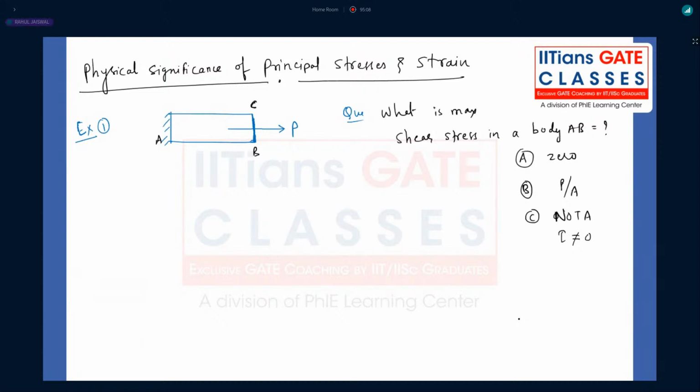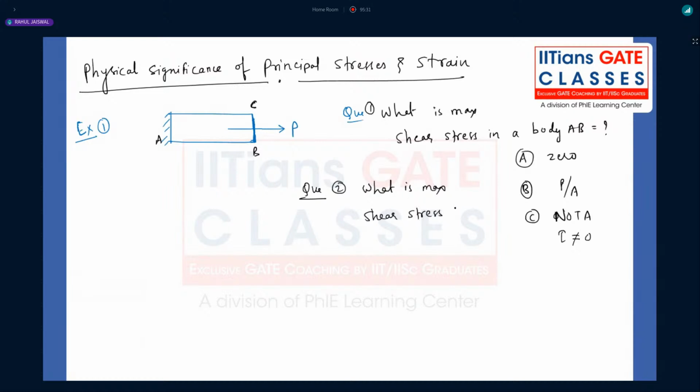Now, see, let me ask one more question. Question number 2. What is the maximum shear stress? Because all of you might be knowing right now that shear stress means the stress which is generated by the forces acting parallel to the area, right?